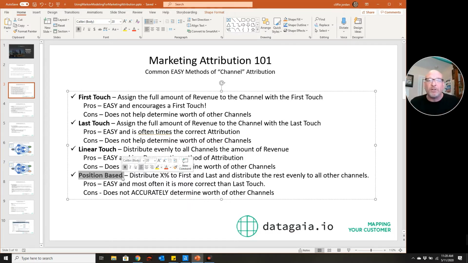So you might have 30% for the first, 30% for the last, and that's 60%. The remaining 40% gets evenly divided across all the touches and channels between the first and the last touch. Like I said, this is easy. You don't need a data scientist to do it, but it's not accurate. Okay.